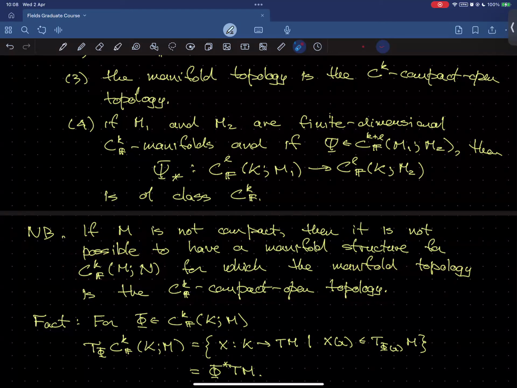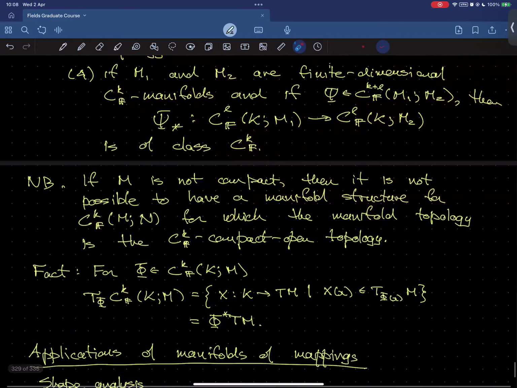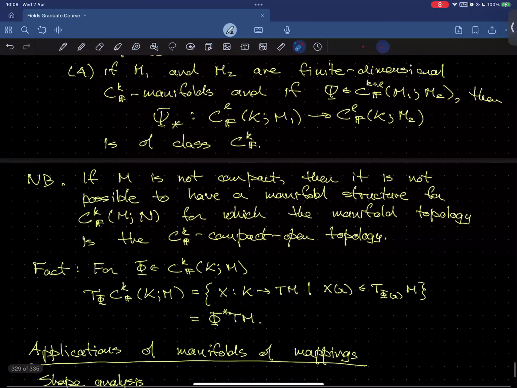What that means is that if you turn this thing into a manifold, its manifold topology will be some other topology than the compact open topology. That may be fine, but from my experience, this is a major drawback of the theory of manifolds of mappings, because any kind of manifold structure you put on here has some drawbacks. There are reasons why those drawbacks have to be there, but nonetheless, there are drawbacks.